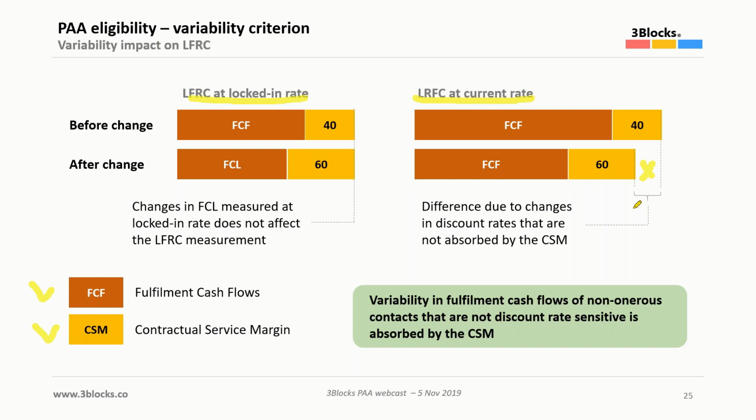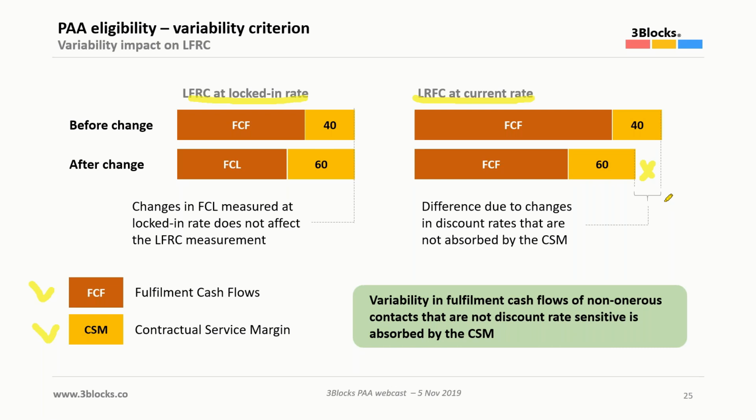As we know, effects of discount rate changes do not go to the CSM under the general model. So these effects are either recognized as financial costs or go to OCI. So there can be some impact on LRFC in case of liabilities that are discount rate sensitive, where you've got fluctuations of these discount rates.